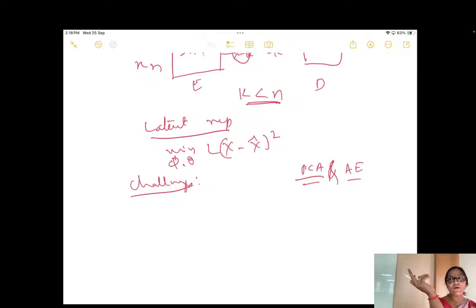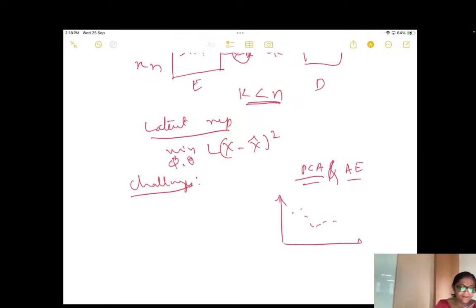PCA is principal component analysis, where the encoding happens based on the data. Your bases are derived from the data itself in PCA. What is the difference between AE and PCA?